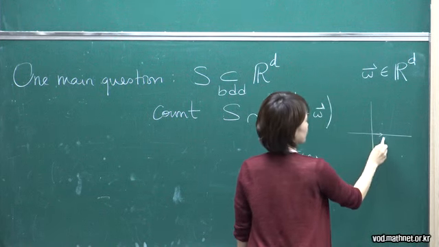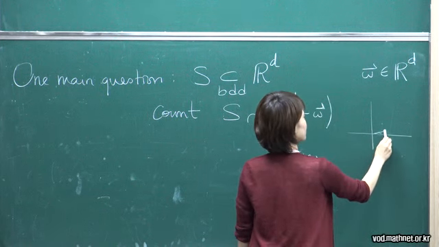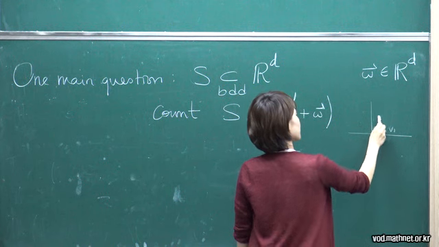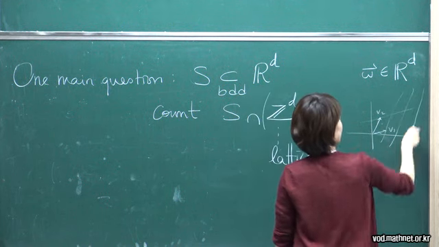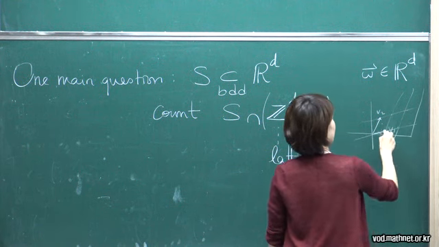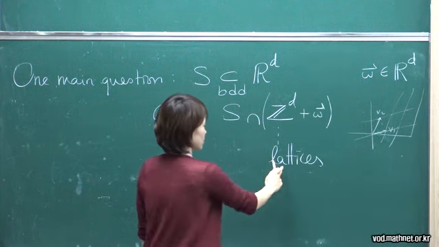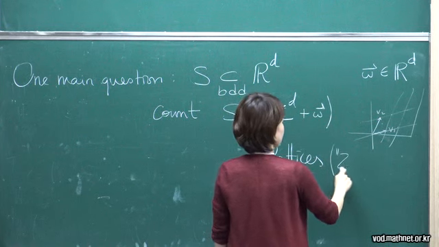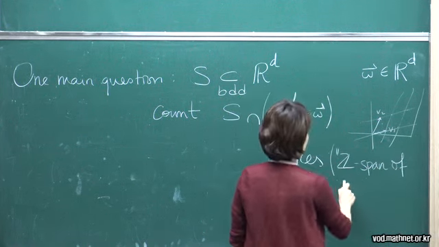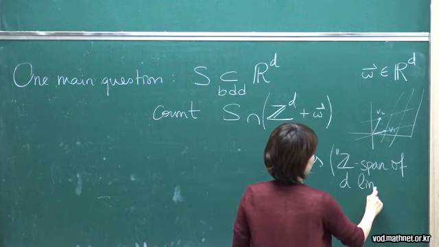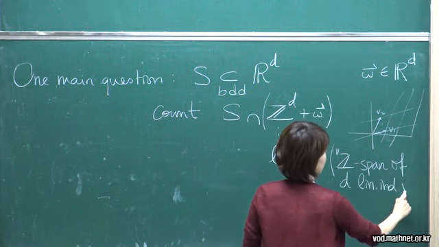For fixed v1 and v2, let me draw it this way. By lattice, let's think of the Z-span of linearly independent vectors.